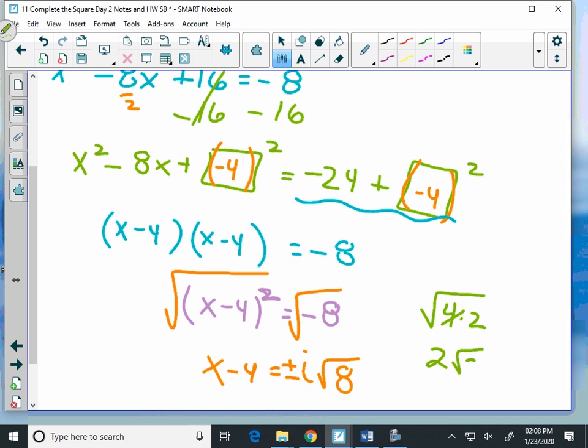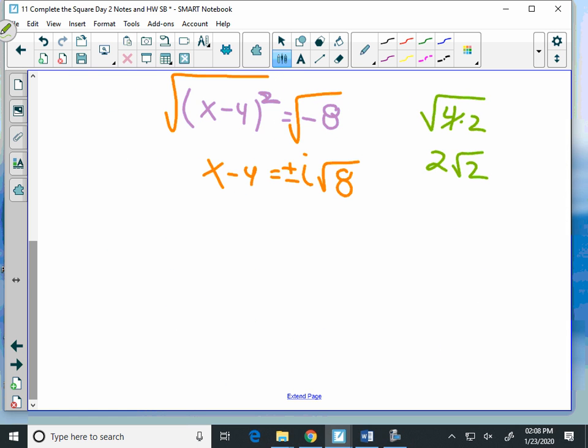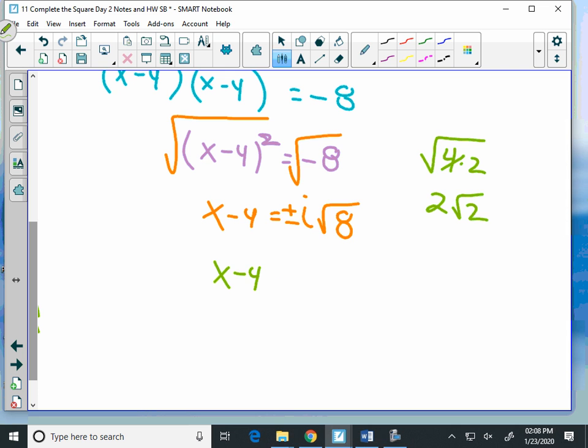Can't take the square root of 2, so it stays. So we're going to rewrite this as x minus 4 equals plus or minus 2, don't forget the i, radical 2. That i is kind of attached to that radical right in front. And then our final step, what do we need to do with that negative 4?